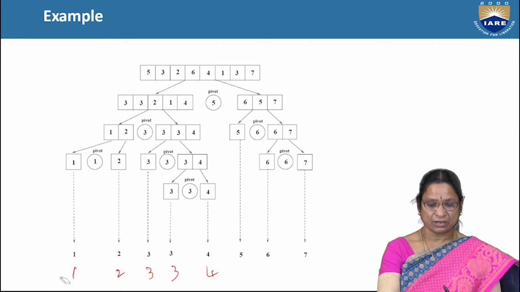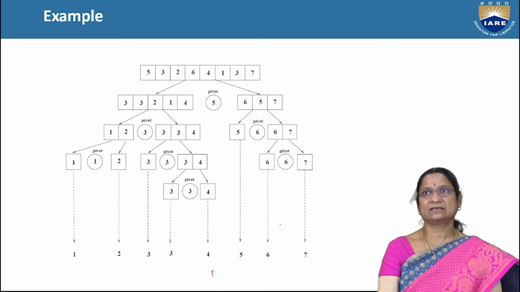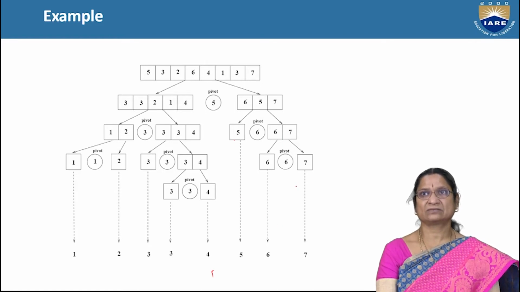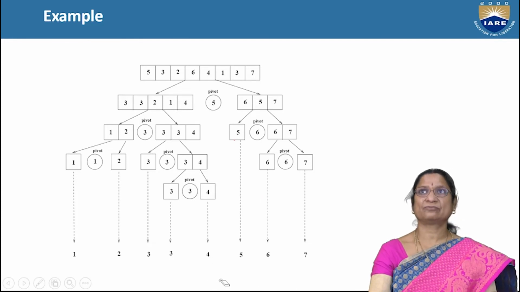Coming to the second part, 5 is the pivot element I have taken. Then 5 is in the first list, 6, 7 will be in the second list. 6 is in one list, 7 in the other. Now you observe 5, 6, 7: automatically those are in place.